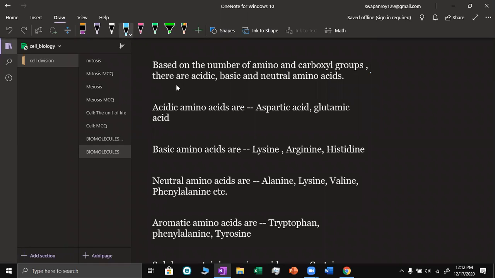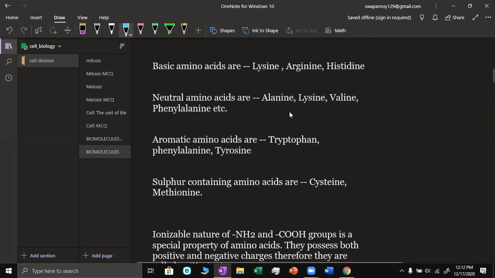So there are acidic, basic, and neutral amino acids. Acidic amino acids are aspartic acid and glutamic acid. Basic: lysine, arginine, histidine.